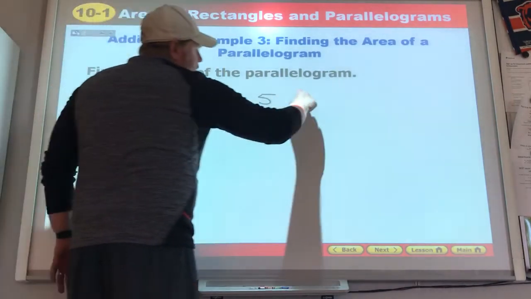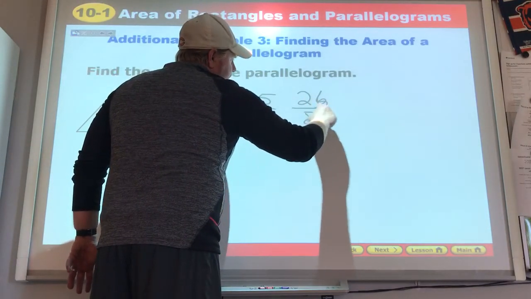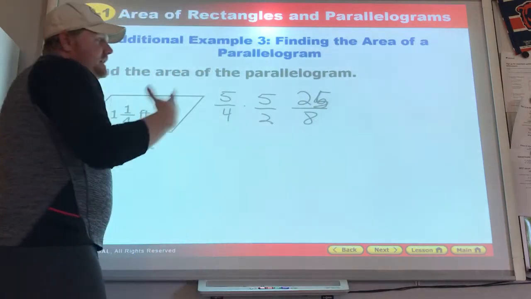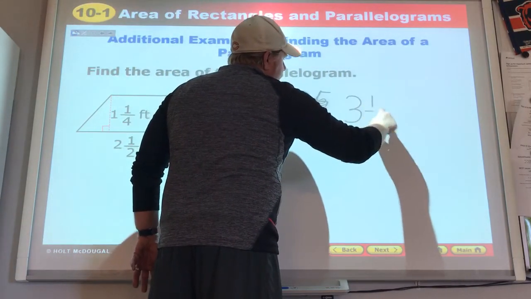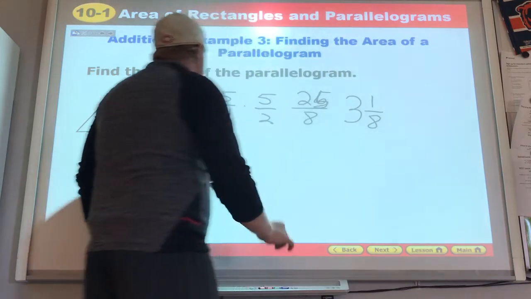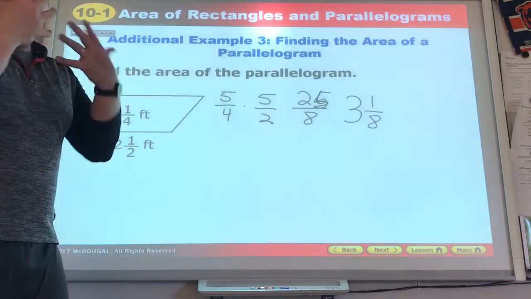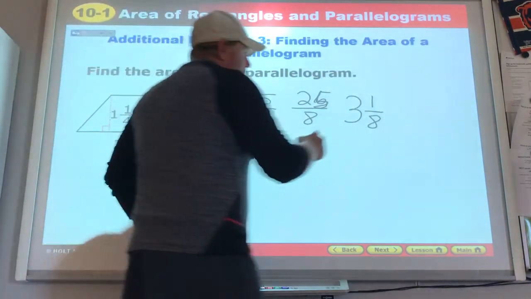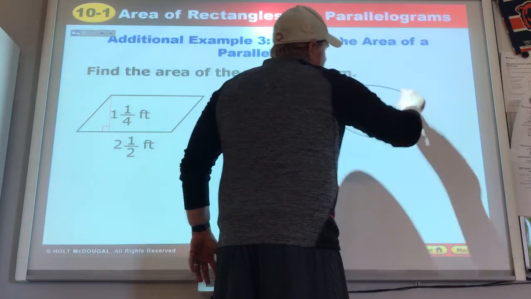All right, we get 25 over 8. Okay, when I take that back, then I would get 3 1/8. And we took feet times feet, so hopefully you know it's feet squared, and we get our answer.